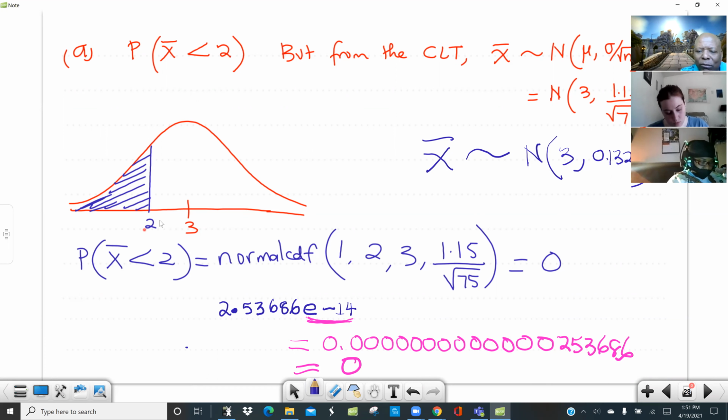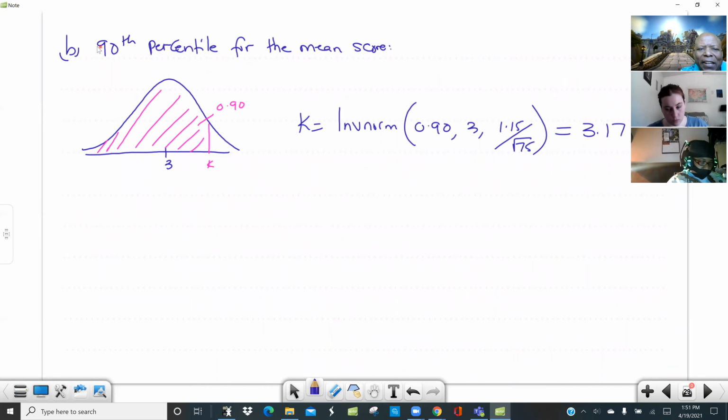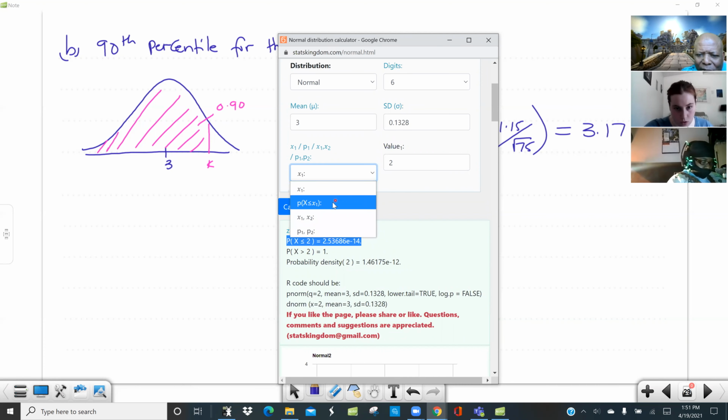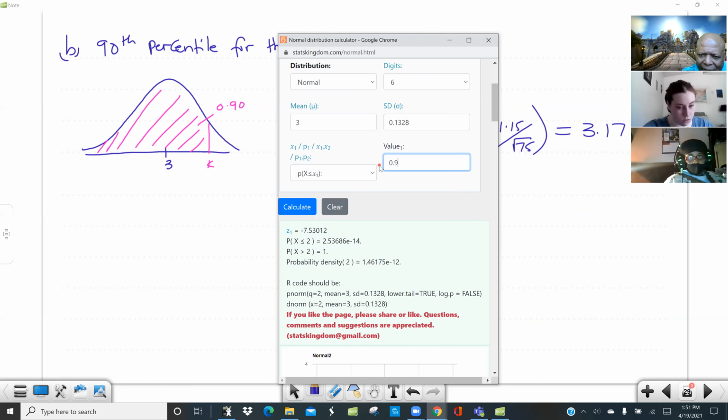That's what this is talking about. Okay. Part B, the 90th percentile for the mean score. I go back here. Since I want the 90th percentile, I go over here for the second option and I put 0.90.